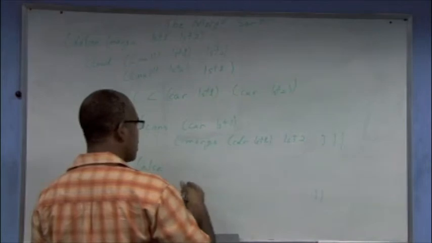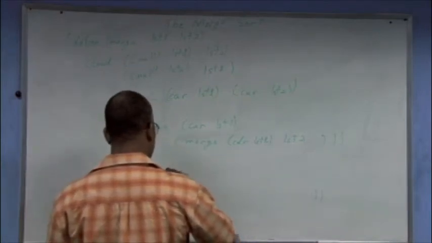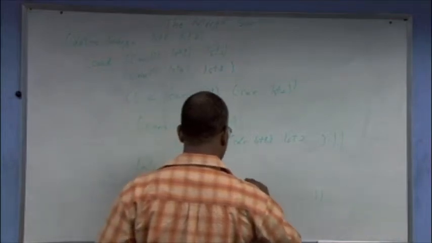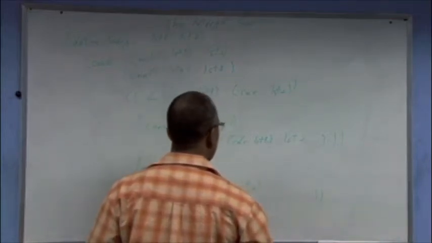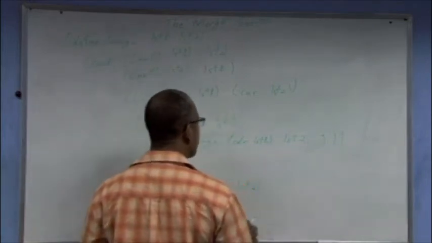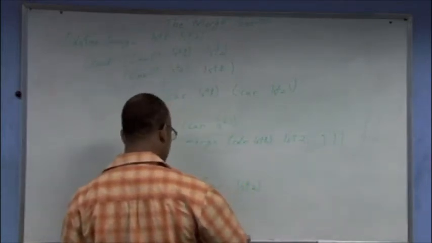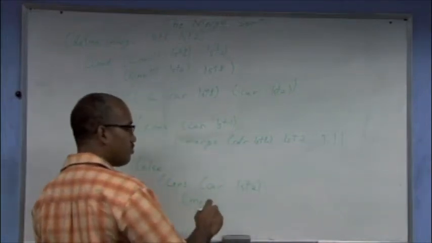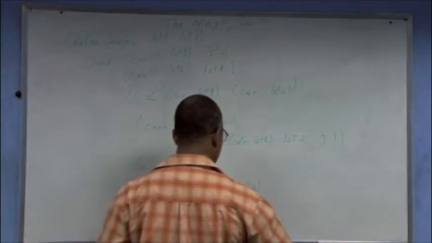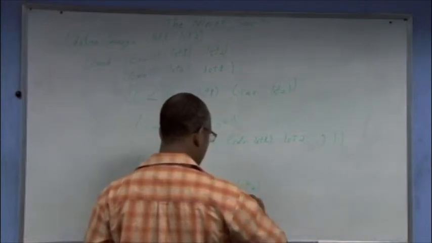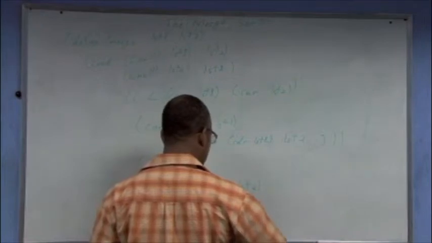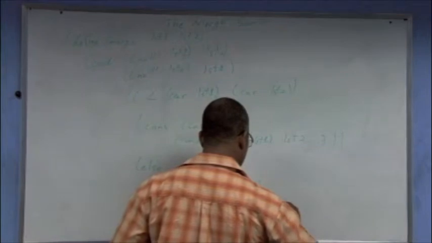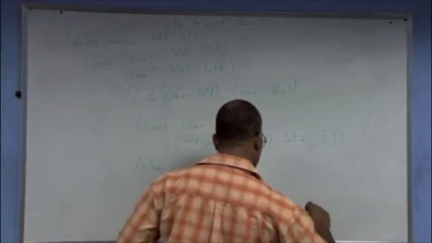So you just write cons car of LST2 with the result of merging the rest of list 2, and just keep the sequence of the arguments the same. So LST1 with cdr of LST2.